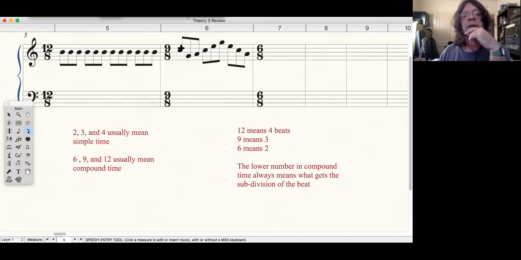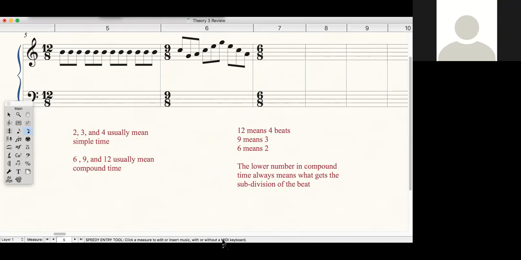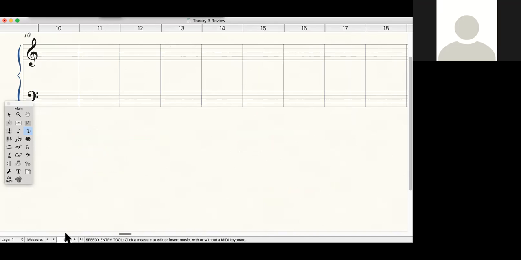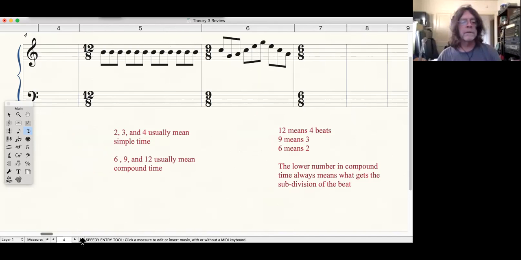Started on C, went do, so, la, do, mi, so. I didn't really mean to do that, and then it ended with an A minor triad. Anyways, so there's 9/8, 3 divisions of the beat. So again, in compound time, you divide the beat into 3, and the lower number is what gets the subdivision.